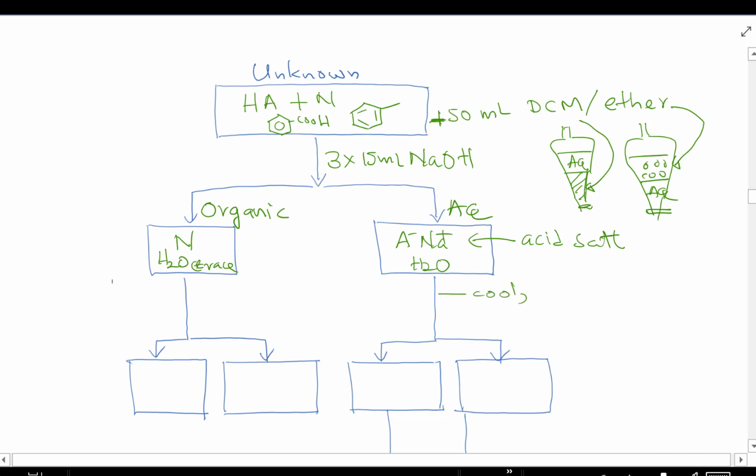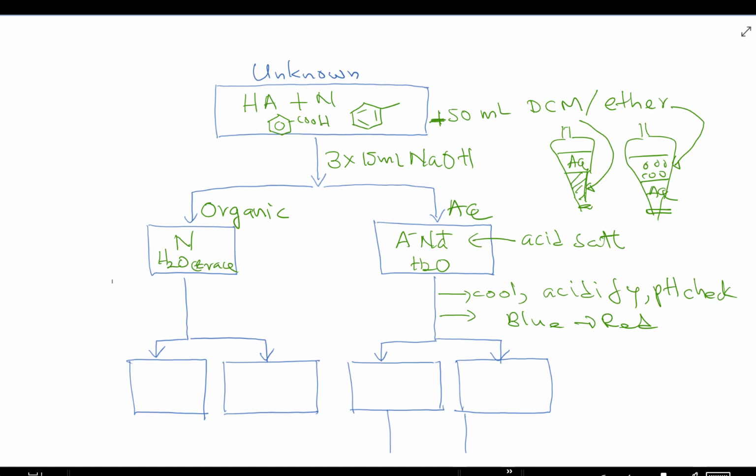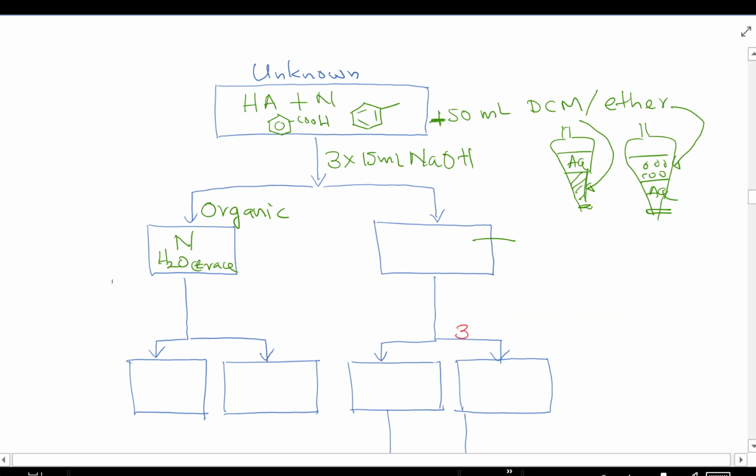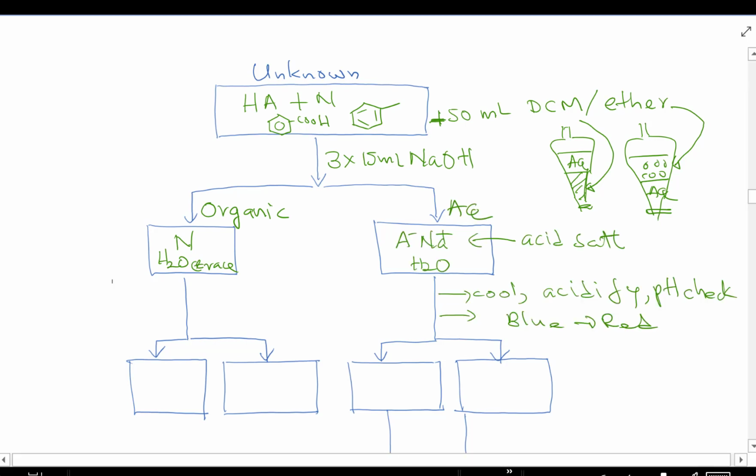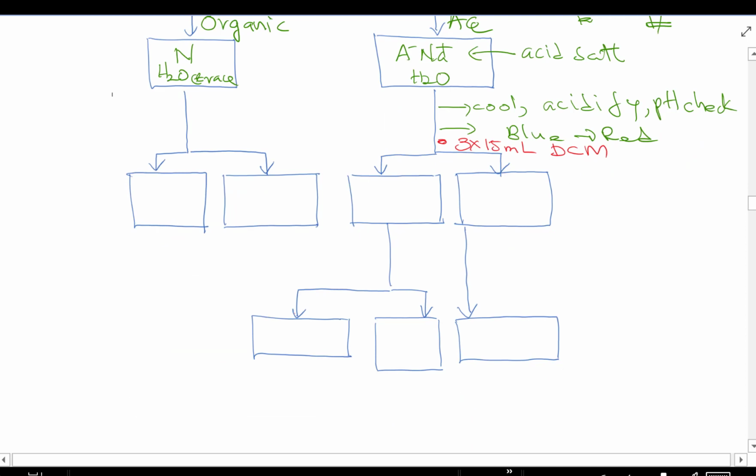If we continue with the aqueous layer, initially you need to have cool conditions and then acidify and check the pH. With the concentrated HCl you acidify and then check that the blue litmus turns to red. Then you have done the acidification, right? Now your compound has turned to the organic acid, but you need to extract with 3 times 15 milliliters of DCM, let's say.